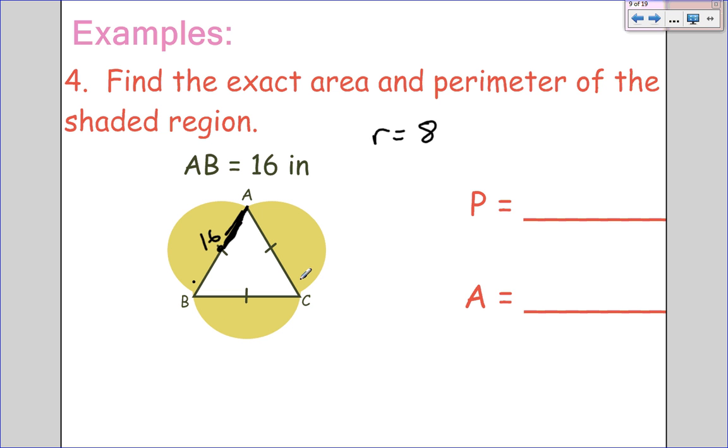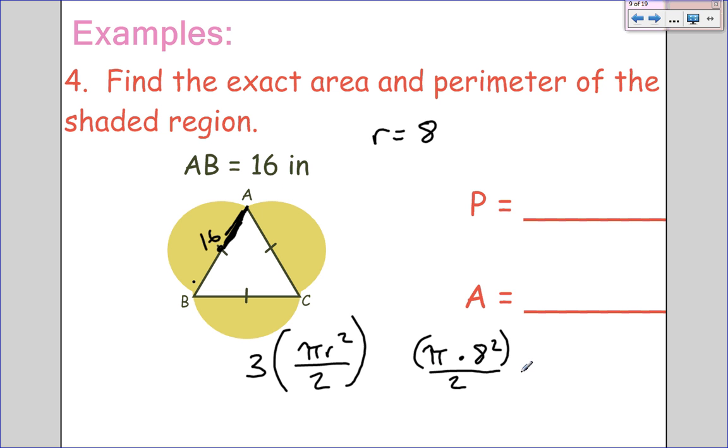Now you have 3 half circles. So the area for one of these will be pi r squared divided by 2 because it's a half. And you can take that number and multiply it by 3 because there's 3 of them. So pi times 8 squared, because that's the radius, over 2 times 3.